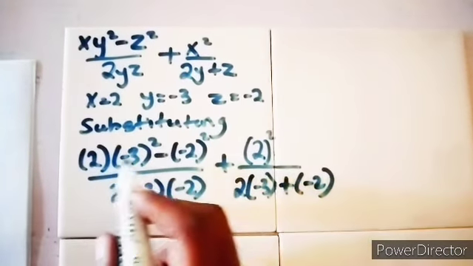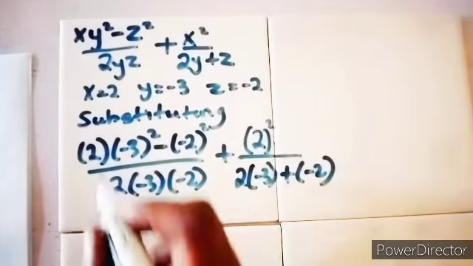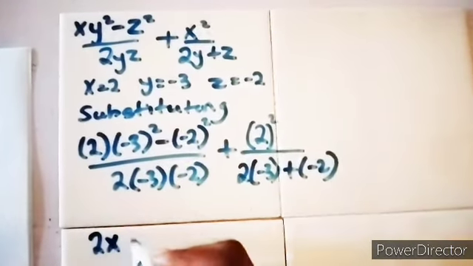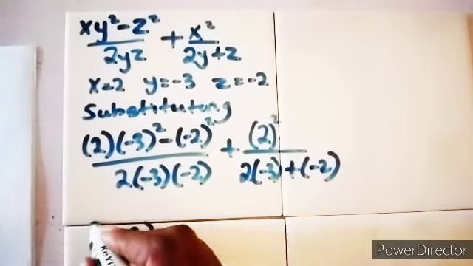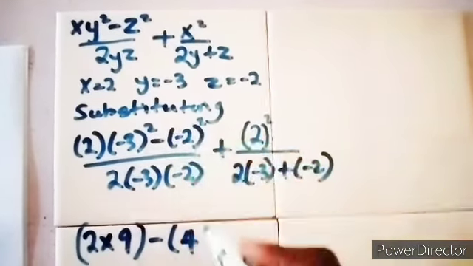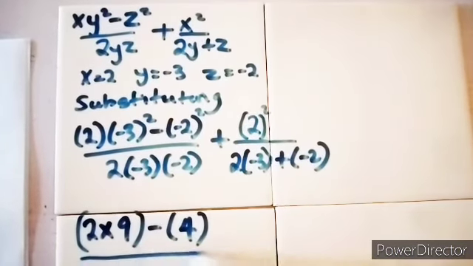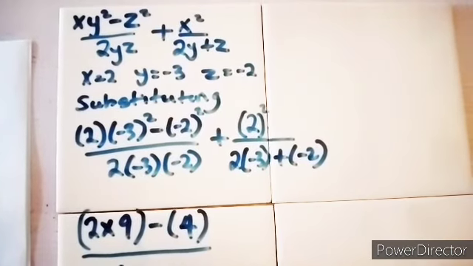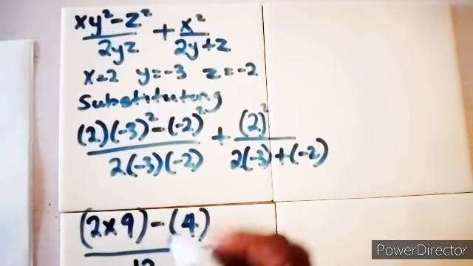So if we open up, simplify the brackets, we have 2 times minus 3 squared gives us 18, minus 2 squared will give us 4. And then we'll draw a line, we have 2 times 3, 6 times 2, which is 12.